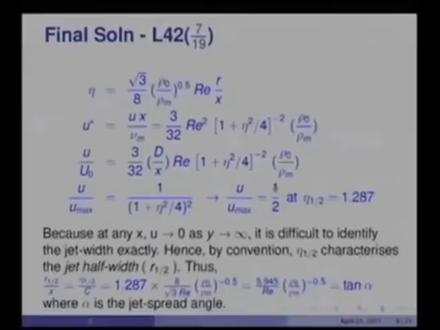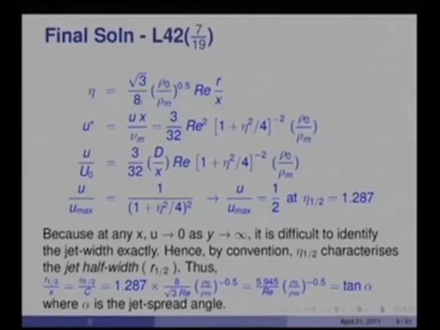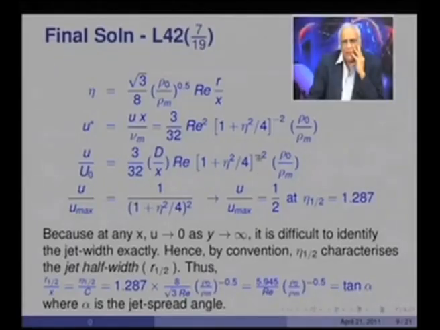Therefore, if I substitute for c, I would get eta equal to that definition, and I can now write u also as u star equal to u x by nu m in this manner in terms of Reynolds number, and u over u naught would be 3 by 32 d by x Re times 1 plus eta squared by 4 raised to minus 2, times rho naught divided by rho m.